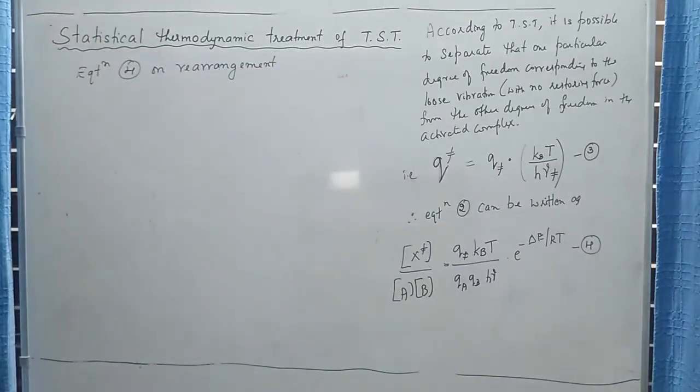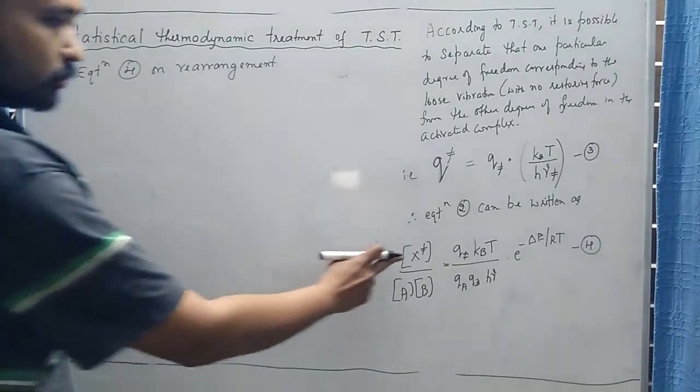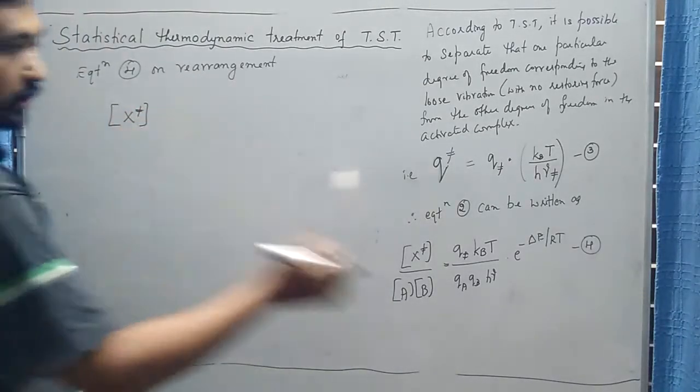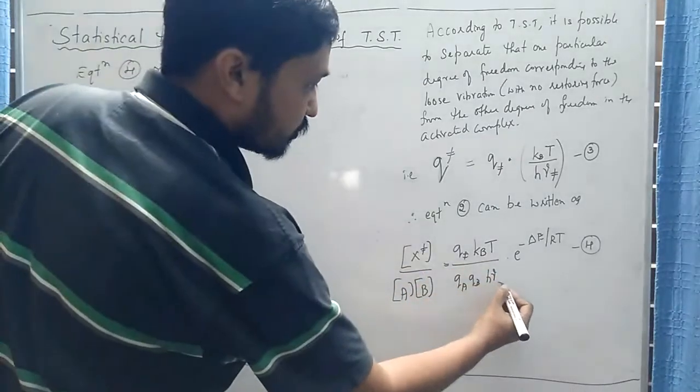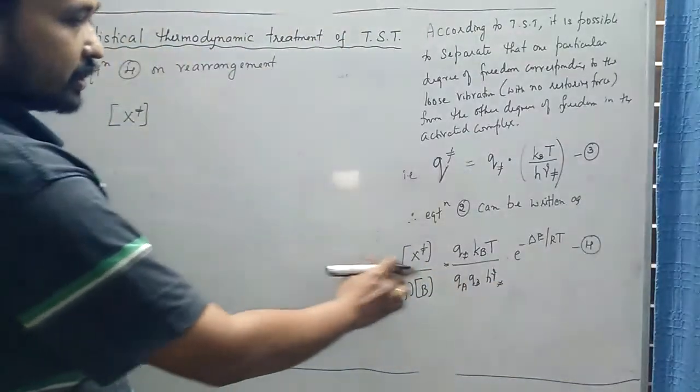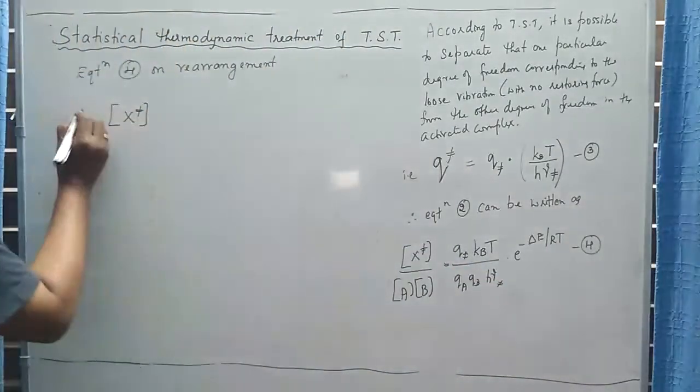Let us rearrange equation 4 in such a way that only the concentration of X dagger and this frequency, nu dagger, are on one side of the equation, that is the LHS. So we'll take this nu dagger to the LHS.